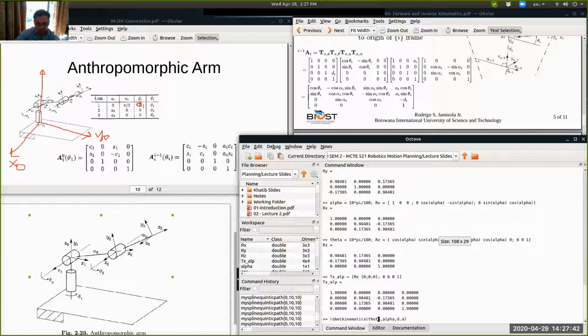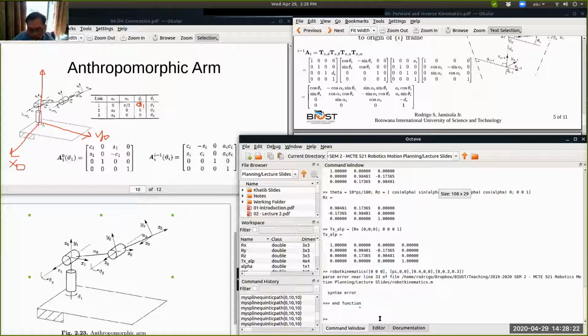So theta, let's just say 0, 0, 0, and then alpha is pi, 0, 0. And D is 0 0.5 and 0 0.4. And then the other one is 0 0.3, 0 0.3, for example, and that's it.